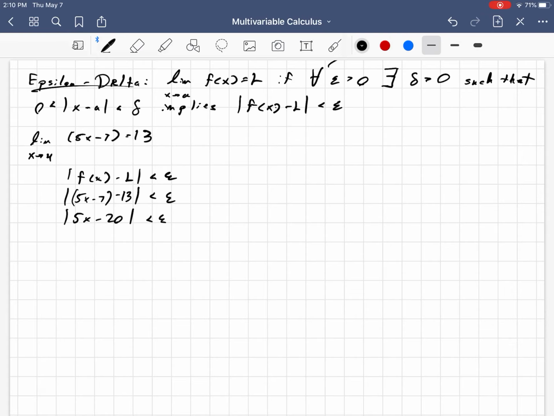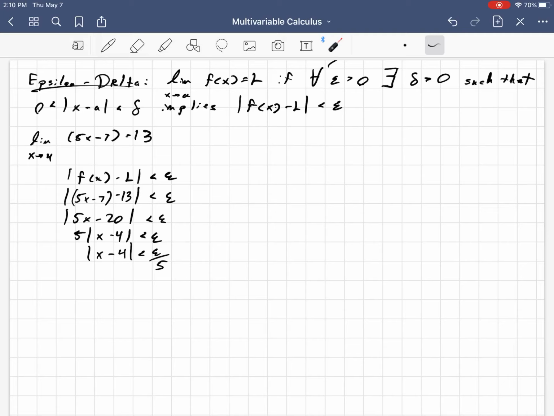So that means that we have the absolute value of 5x minus 20 is less than epsilon. Since 5 is a constant, we can factor it outside the absolute value. And we get 5 times the absolute value of x minus 4 is less than epsilon. And from there, we would get that the absolute value of x minus 4 is less than epsilon over 5.